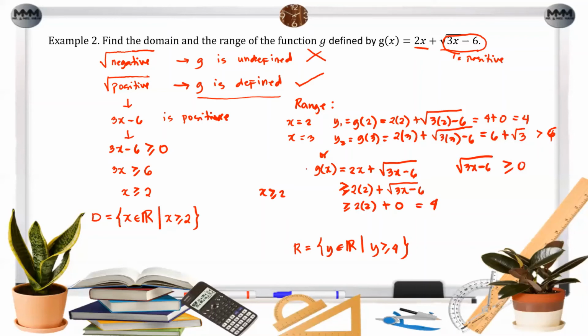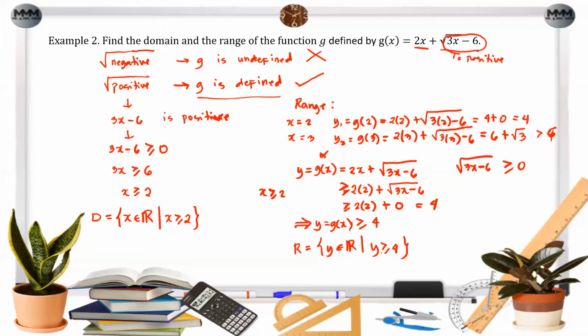So it means that y, which is equal to g of x, is greater than or equal to 4.